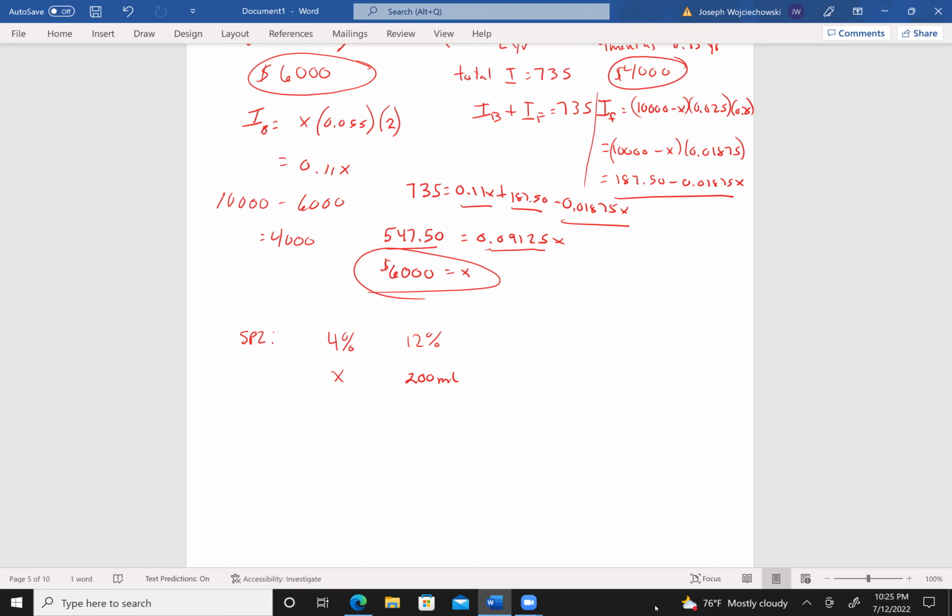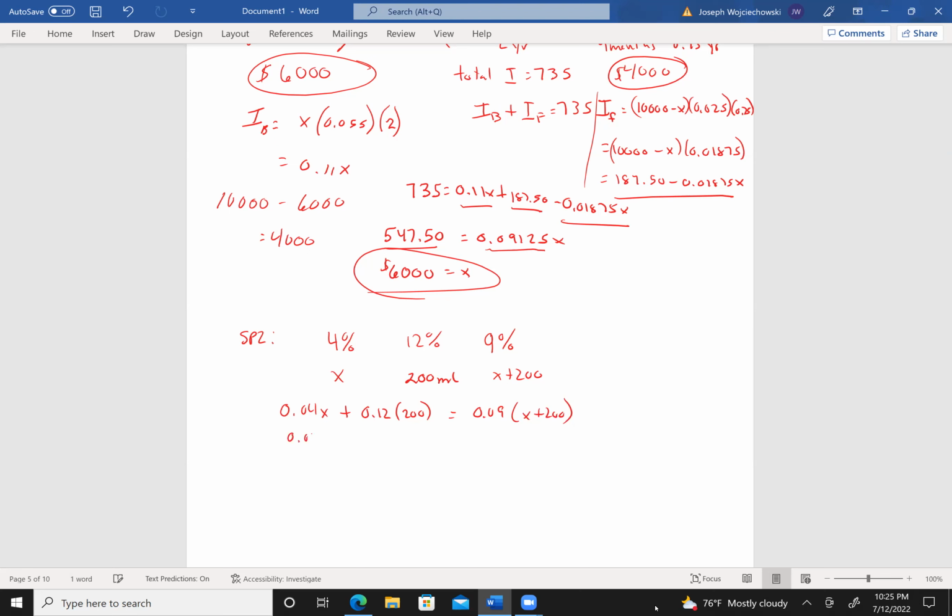So how much of it would be? It would be x plus 200. So essentially, we take 4% of x, which is 0.04x, plus 12% of 200 is going to equal 9%, 0.09 times x plus 200.